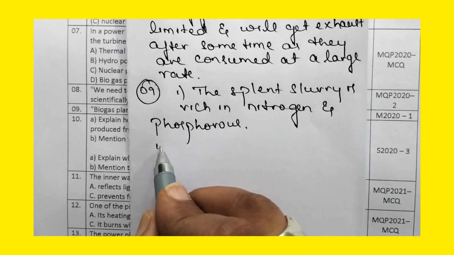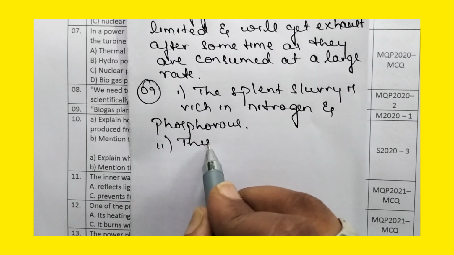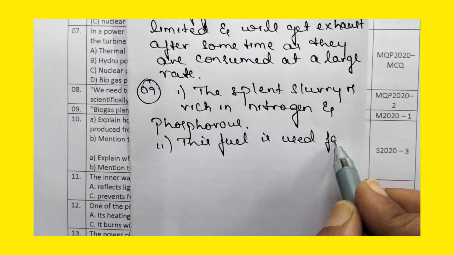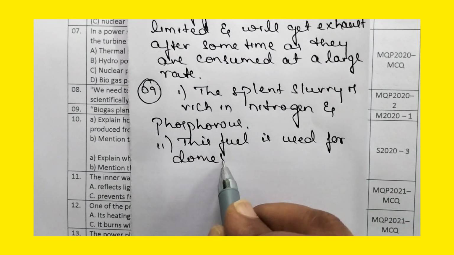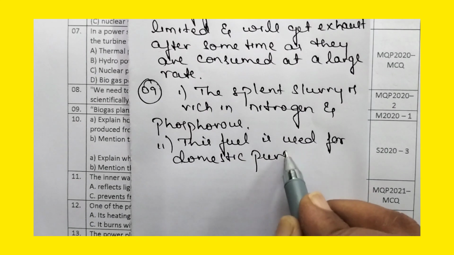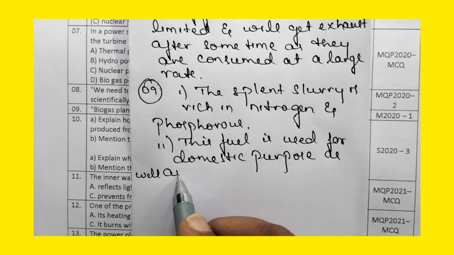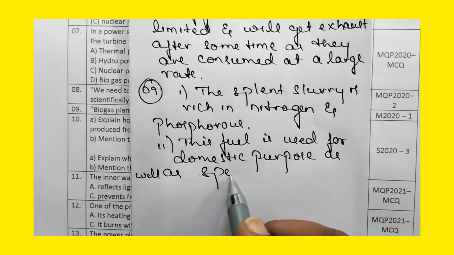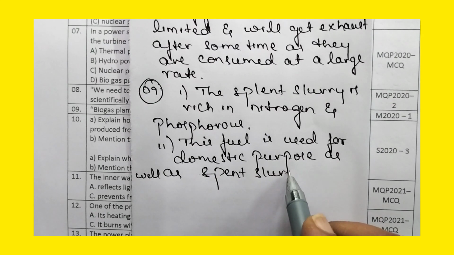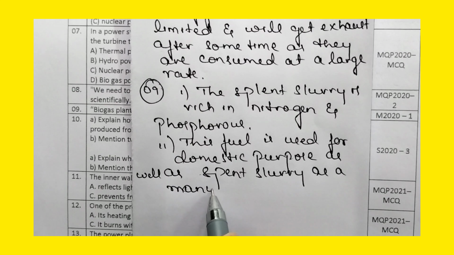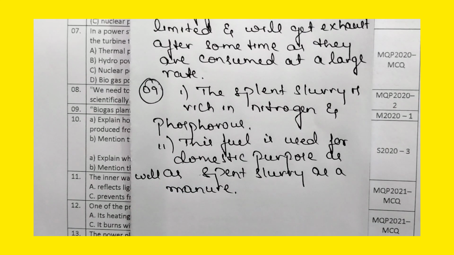That is one. Second, this fuel is used for domestic purposes as well as the spent slurry or waste slurry is used as manure. The gas is used as fuel and the spent slurry is used as manure. Therefore it is an advantage for the farmers.